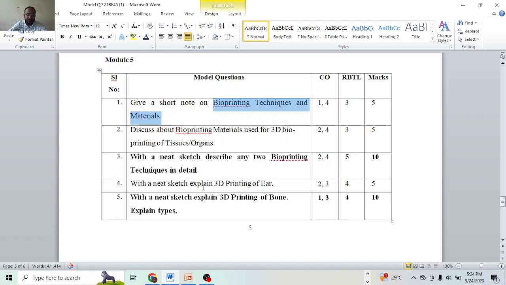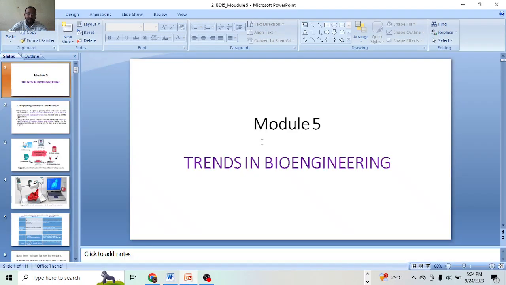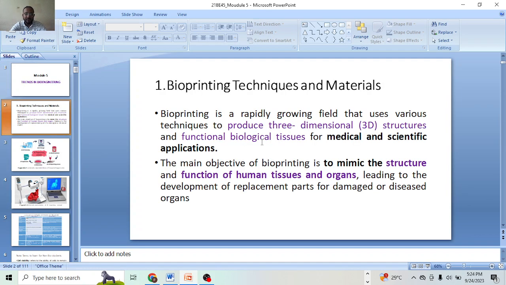For that, whatever introduction is given in module 5, you can go through my module 5 notes introduction on bioengineering. That introduction can be given for 5 marks. For example, you explain how exactly these bioprinting techniques and materials are going to help in the biotrends or bioengineering aspects, right?